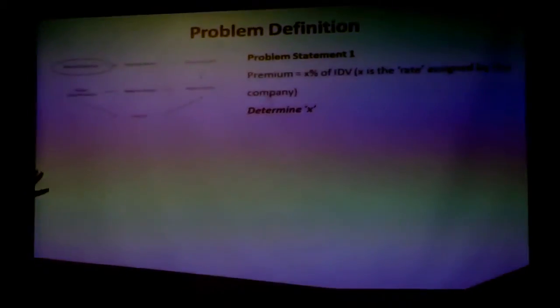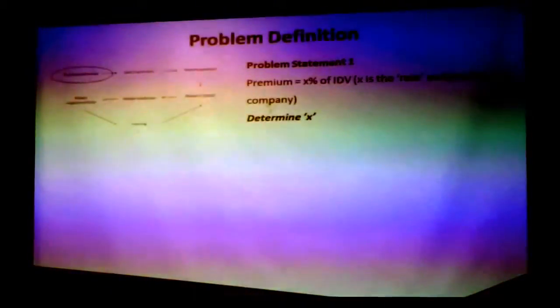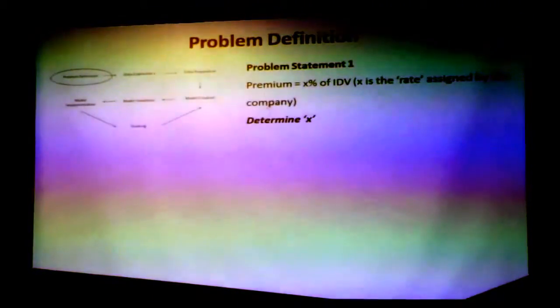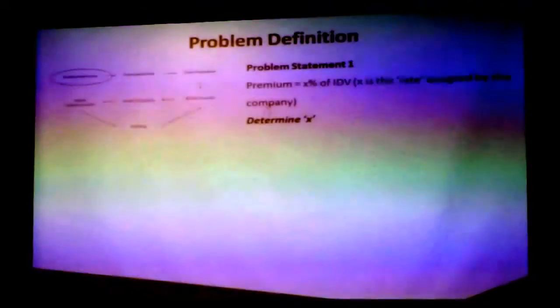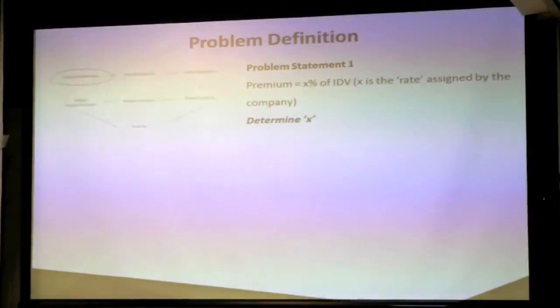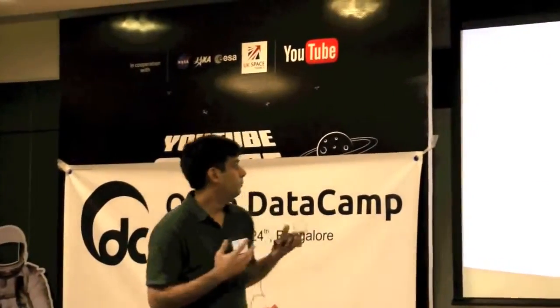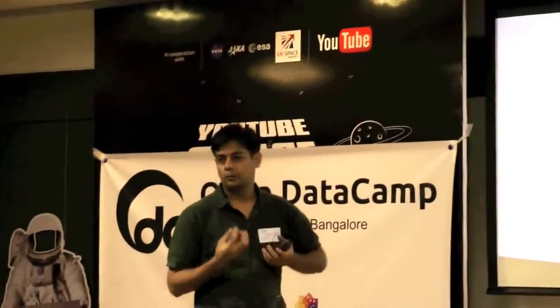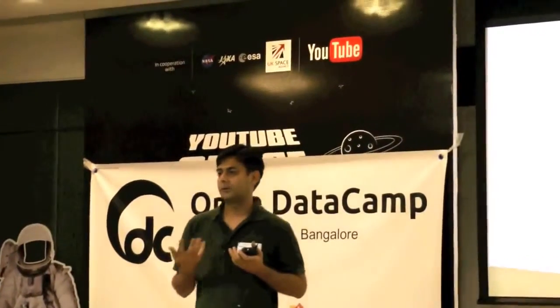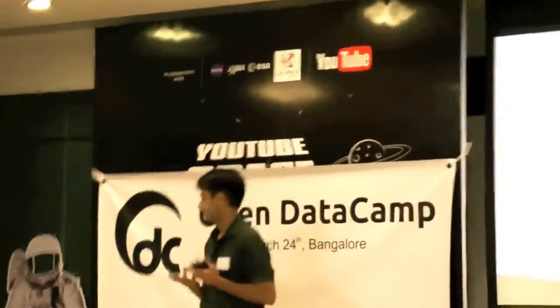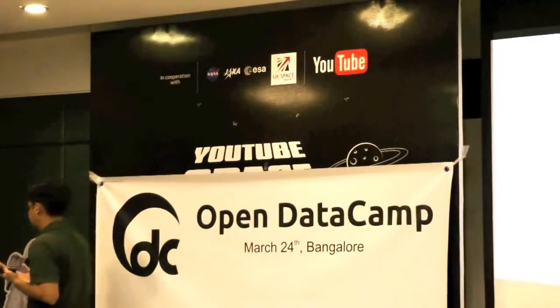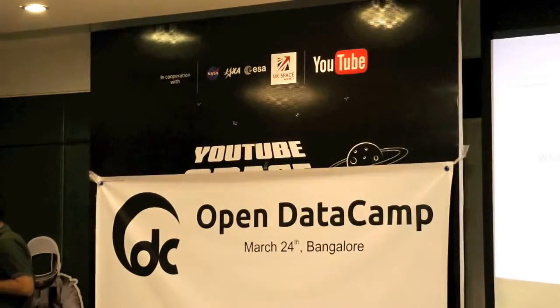Essentially, what we have to do is determine the optimal level of X. Till now, the company has been using a flat rate X that they've been charging for all models, all locations, everything. Now, what they're trying to do is come up with different values of X for different models based on the risk profile. So this is essentially what the business told us.